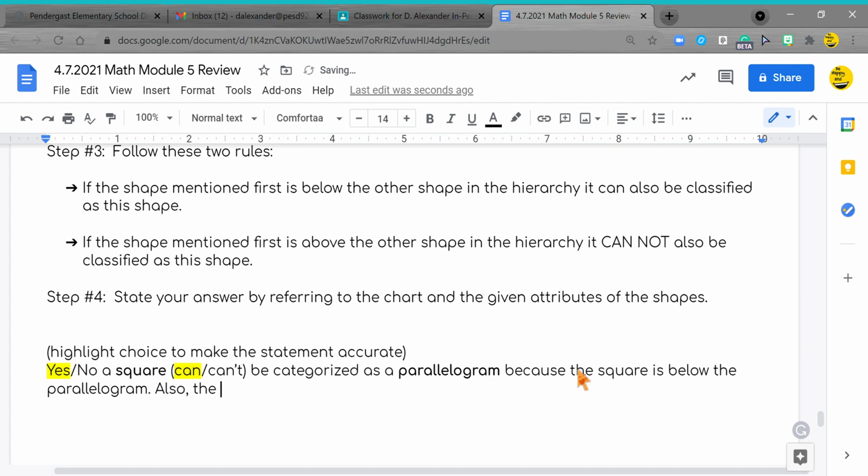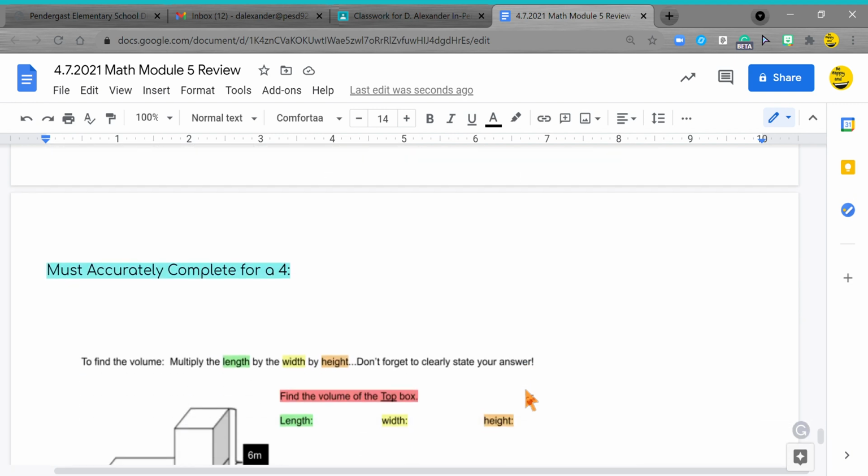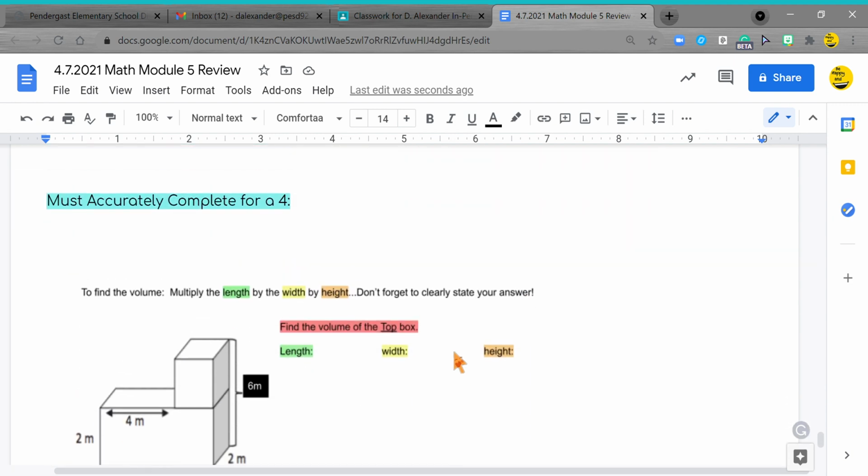Also, the square is a type of parallelogram. You know what? Let's write special. Is a special type of parallelogram. So this is what your answer would look like. Let's keep going. Now this is if you guys want a 4.